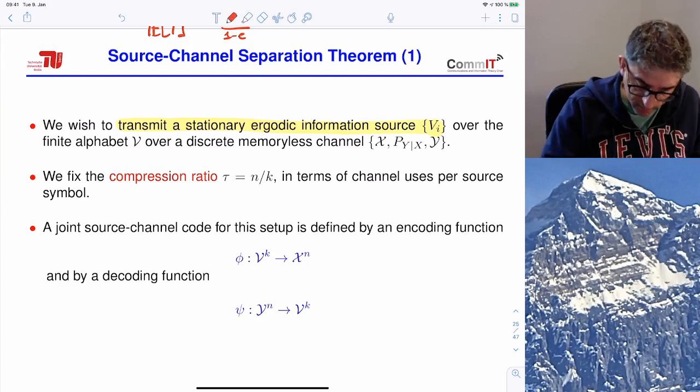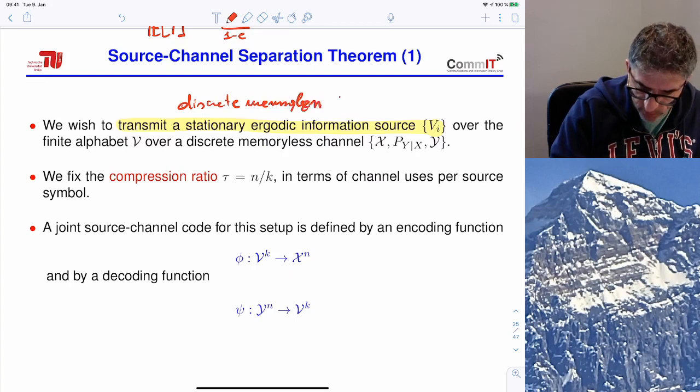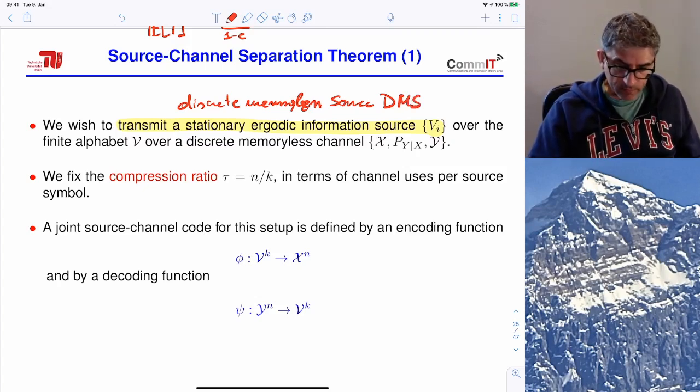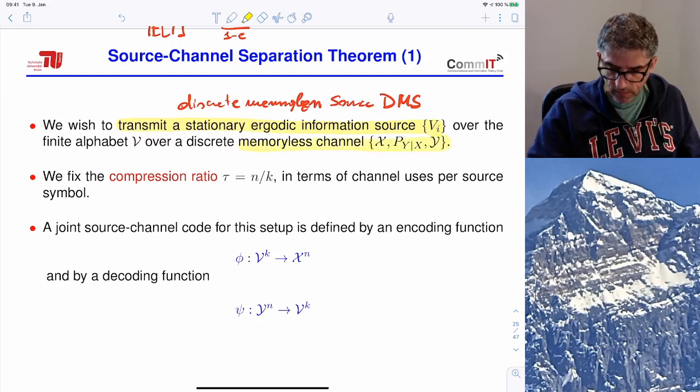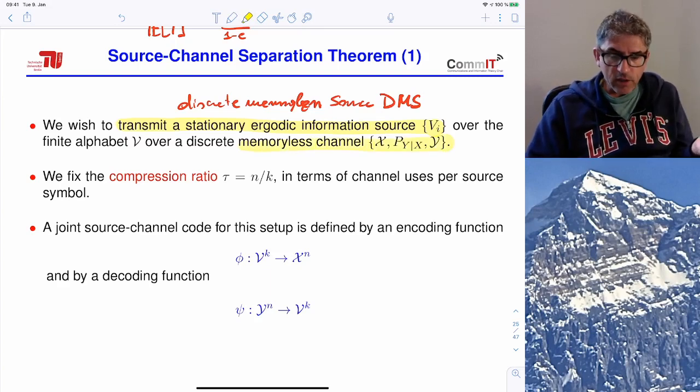Let me write it here. This is a discrete memoryless source, so a DMS. And we have a discrete memoryless channel. And then we want to basically transmit the source through the channel.